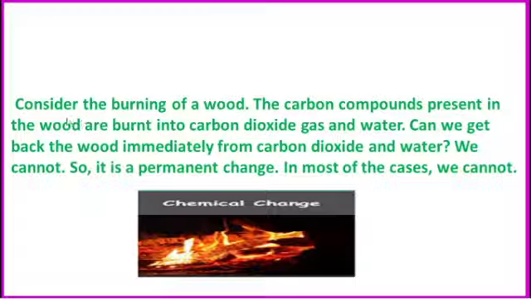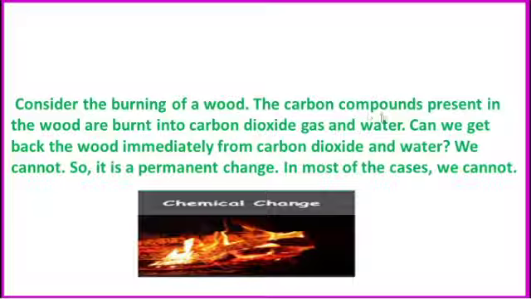See the reaction. This is a chemical reaction, a chemical change: the burning of wood. Consider the burning of wood.